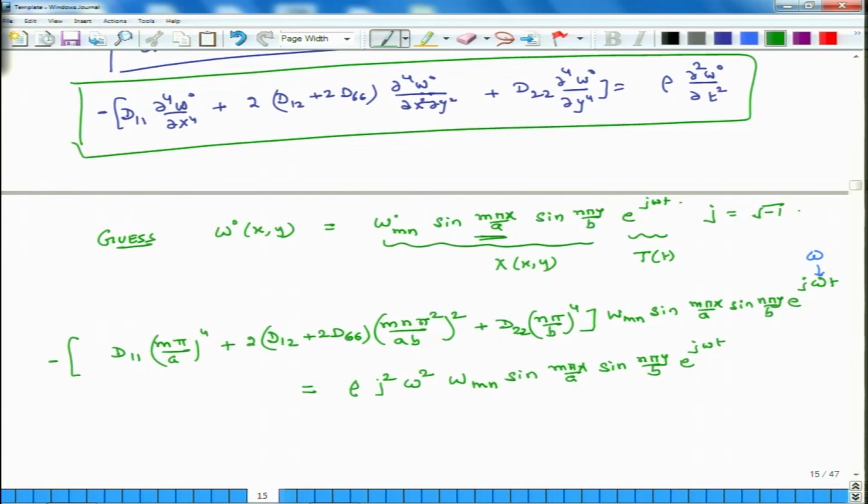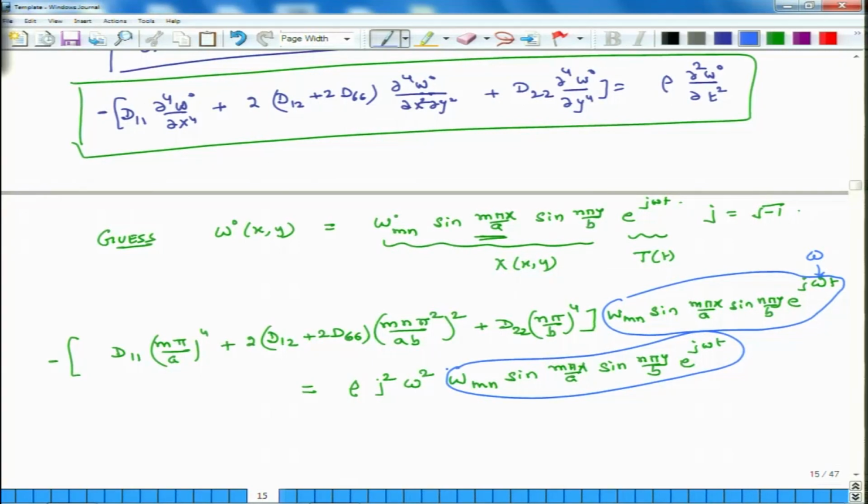Okay. So, if you compare the left side and the right side, all these terms are common, so they get cancelled out.